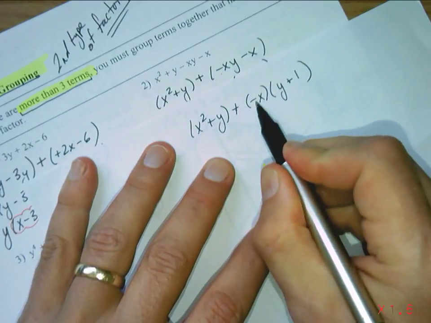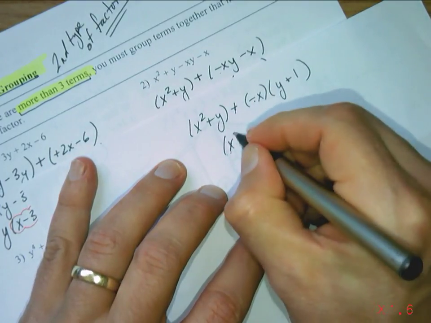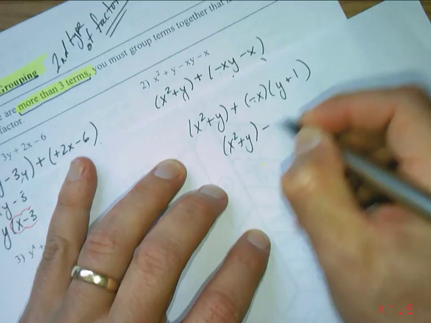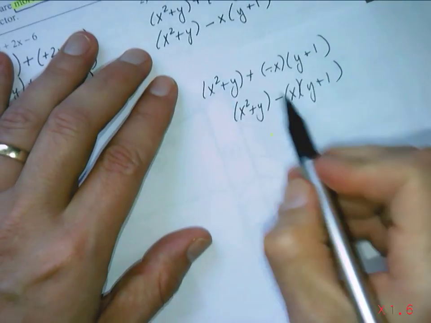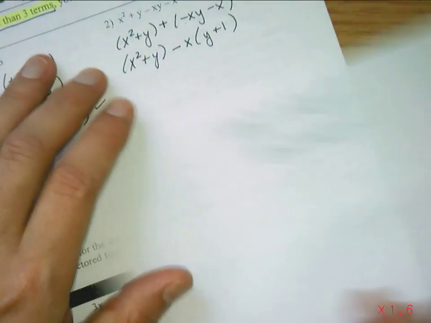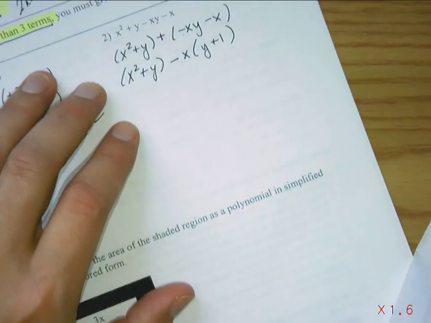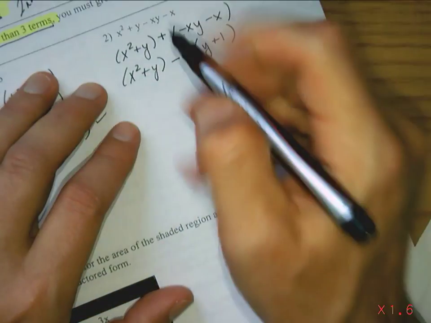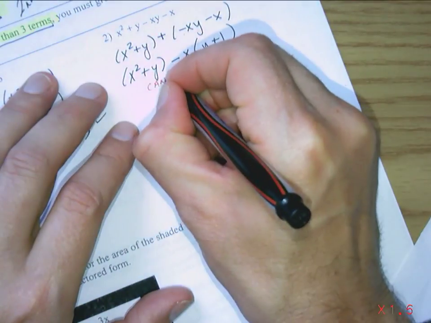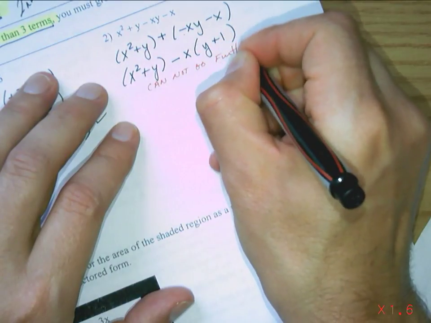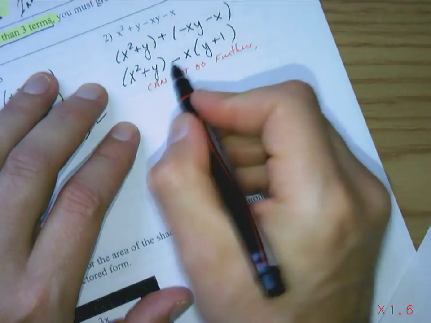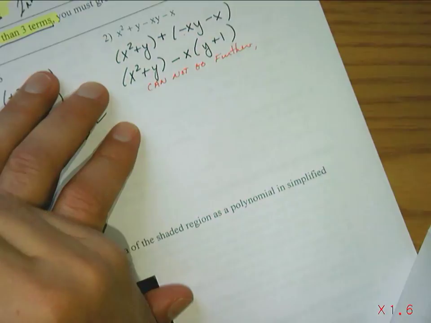And this positive and this negative go together to give me, which is what I have here. Okay? So notice nothing else can be done. I can't do anymore. Cannot go further. And in terms of factoring, you haven't done much. It's kind of ugly.